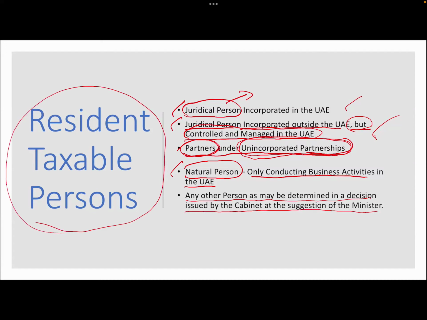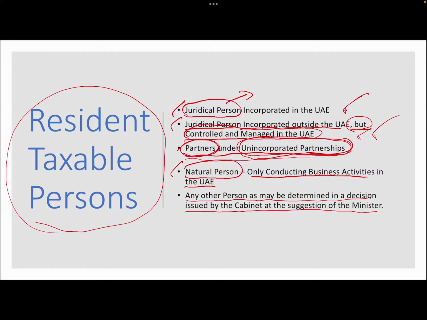Again, summarizing: juridical persons incorporated in the UAE, meaning the companies incorporated in the UAE, are taxed. Juridical persons incorporated outside the UAE but controlled and managed in the UAE, meaning the companies which are not incorporated in the UAE but are controlled and managed in the UAE, are also taxed.